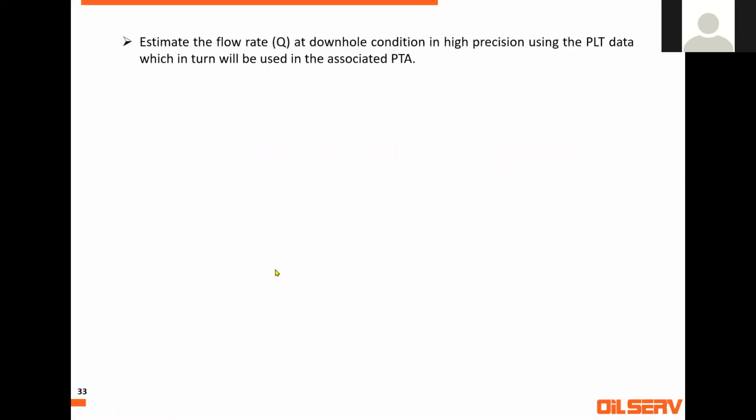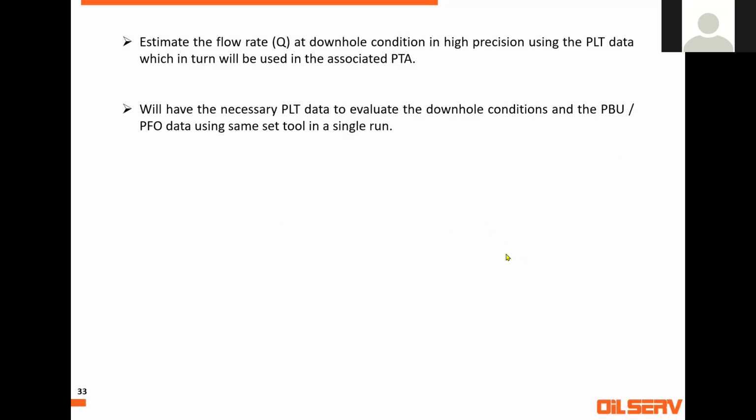One of the benefits is a precise estimation of the flow rate, especially for a producer, before the PTA analysis. So the precise rate from the Emeraude analysis can be used in the Saphir analysis. This is one of the benefits at downhole condition.